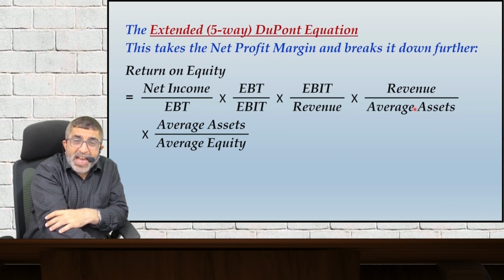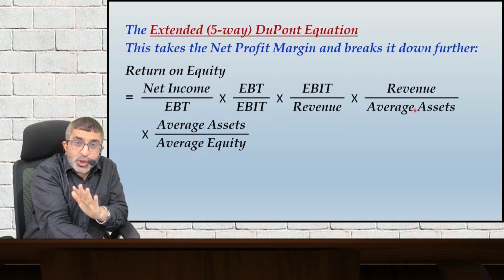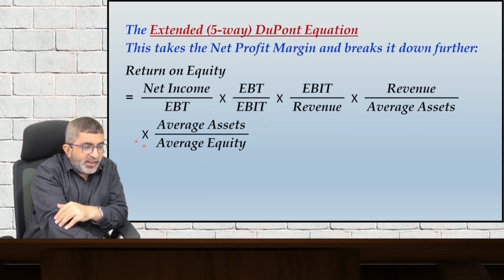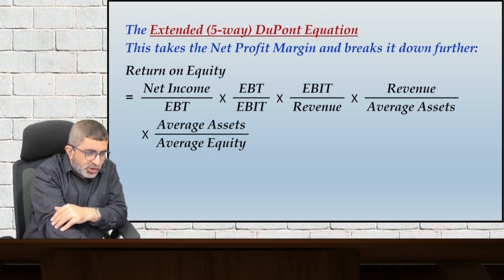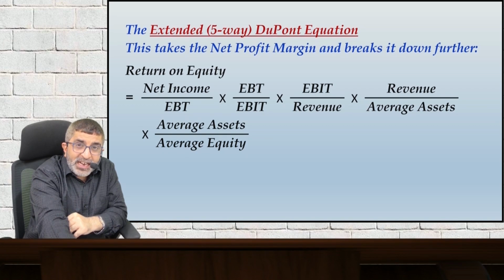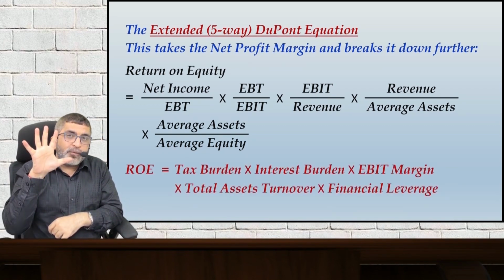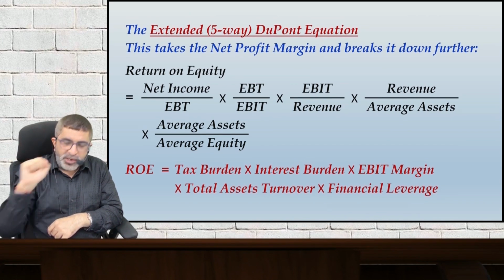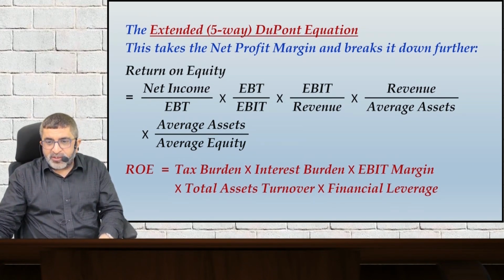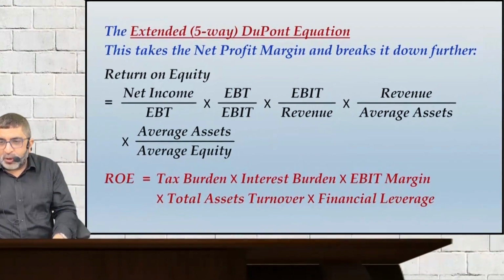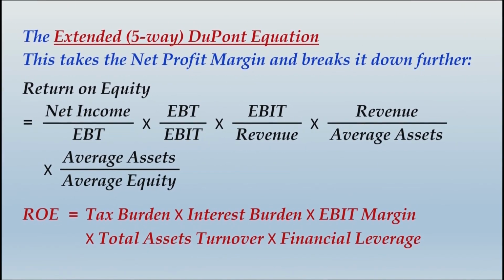Revenue divided by average assets will be the total asset turnover ratio, and then finally average assets divided by average equity will be the financial leverage. So when you finally arrive at the equation of ROE, it is the product of these 5 components. So let us take our time to write up the whole thing, and then I take you ahead.